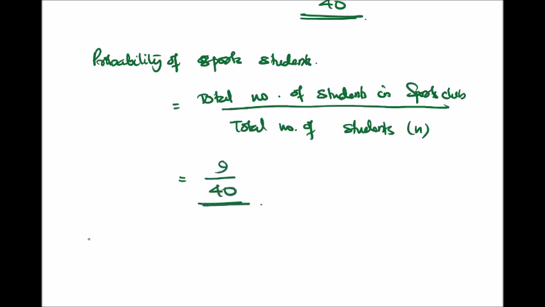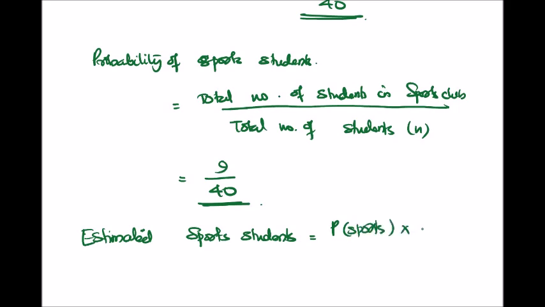Hence, estimated sports students probability. Sports students, which is equal to the probability of sports student into the total number of students in the school.